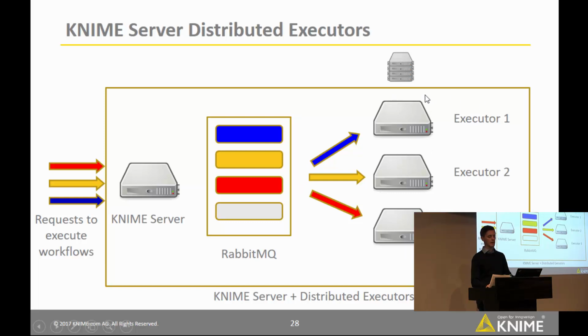So here, executor 1 runs the first workflow, executor 2 the second workflow, and executor 3 the third workflow. That just means that, A, you have faster results back, but also I don't have the problem where this workflow might cause troubles for the other workflows. So I can just separate that out and allow you to scale out really easily.